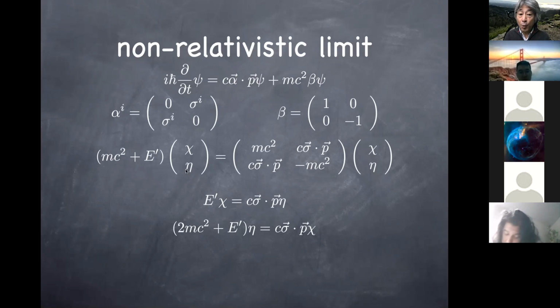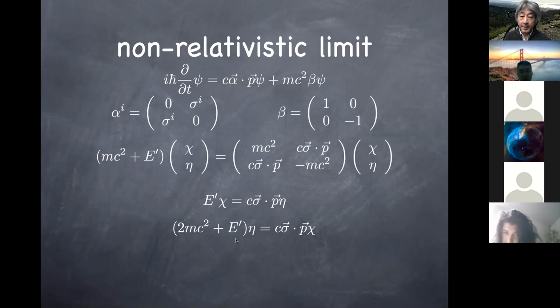On the other hand, for the lower two components, this mc squared and this negative mc squared, if I move this to the other side of the equation, would add up to 2mc squared. And then I have this off-diagonal piece, c sigma dot p. So here I just wrote out this Dirac equation explicitly using the two-component notation.